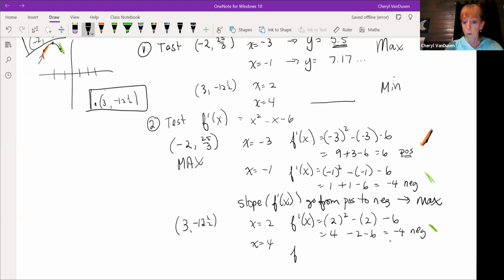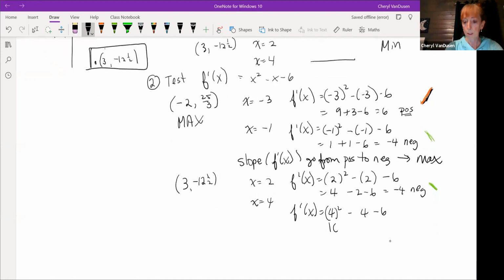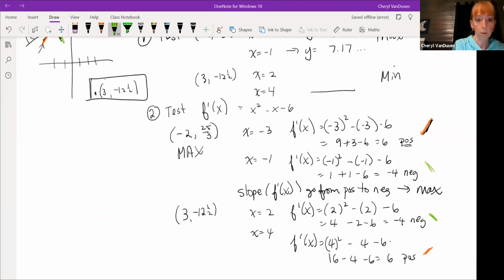Put x is equal to 4 into the first derivative. We get 4 squared minus 4 minus 6. That is 16 minus 4 minus 6, which is positive 6. The positive is what we care about, goes this way. We go back up on here then, and we do our slopes. The slope on this side is this way, and the slope on this side is that way.